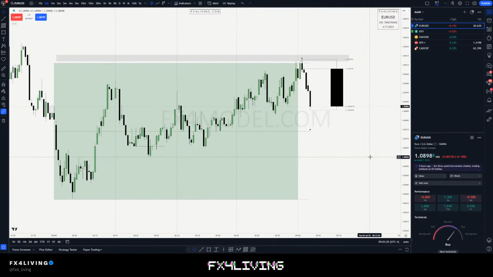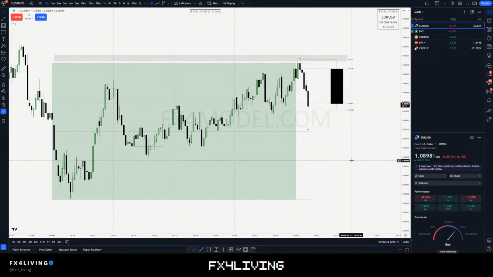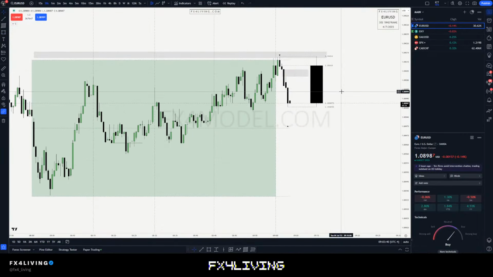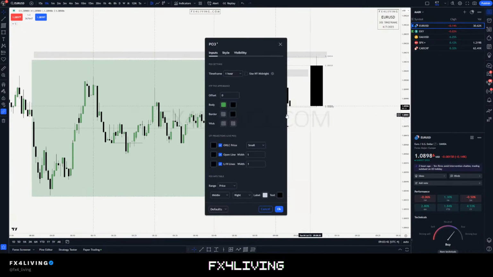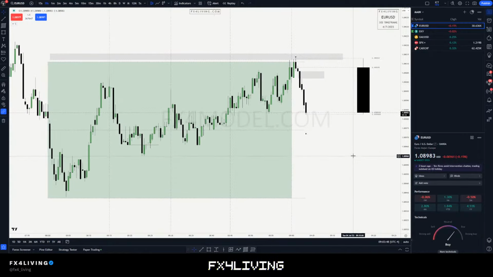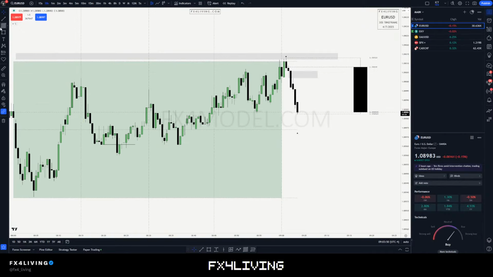So now that we have a displacement, we have this candle here that I like. I'm gonna put some offset on that, because... Alright. Damn, okay, we already took those lows.